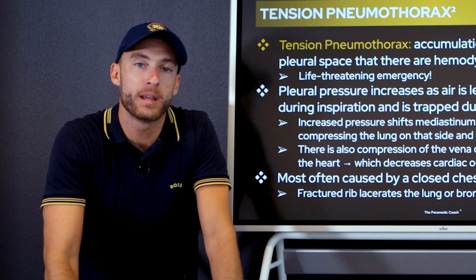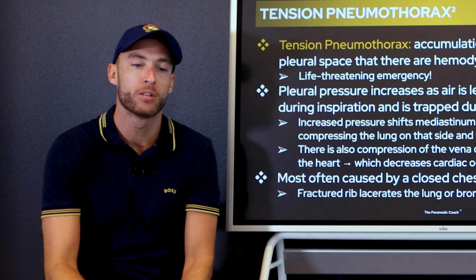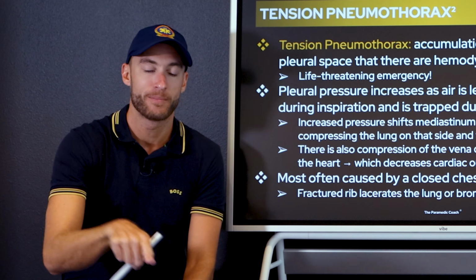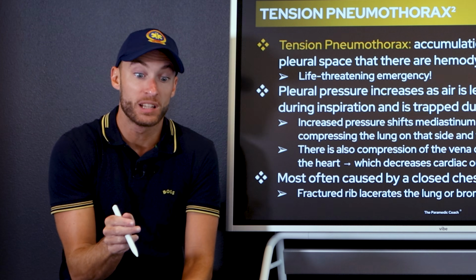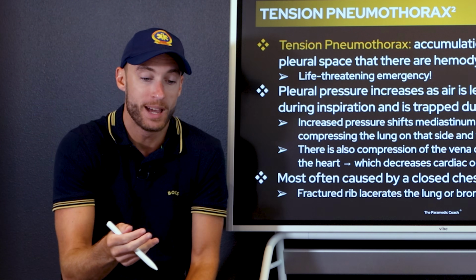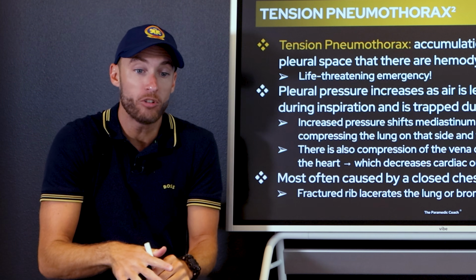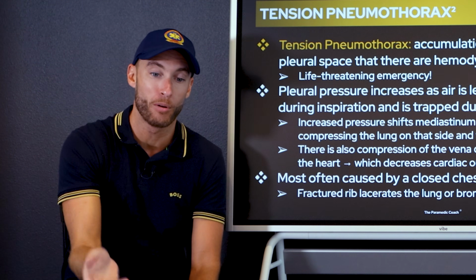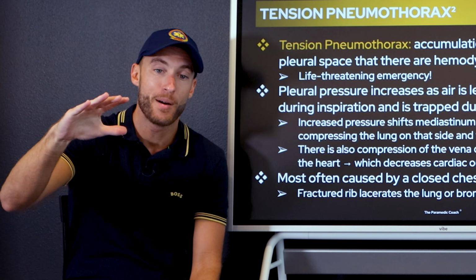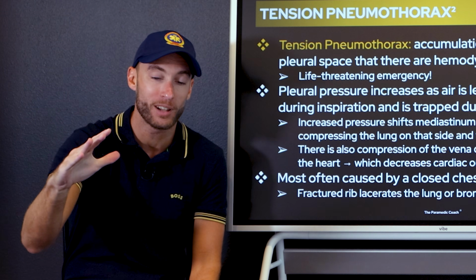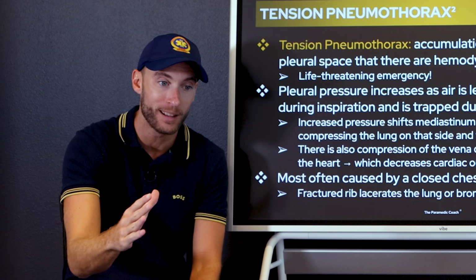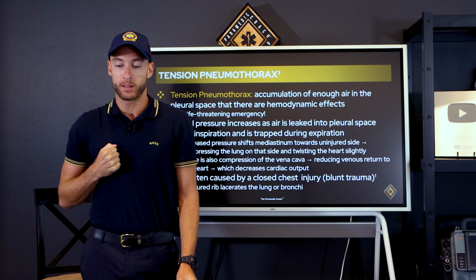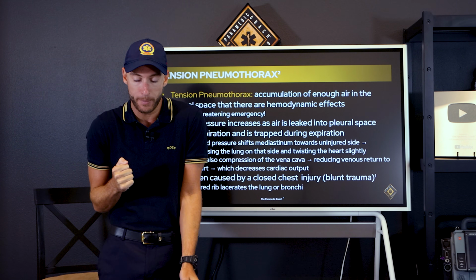My lung is pierced. The lung is in a space called the pleural space. If I have air leaving the lung, eventually the air is gonna go around the lung in the pleural space, and the lung is gonna start to collapse and collapse and collapse.